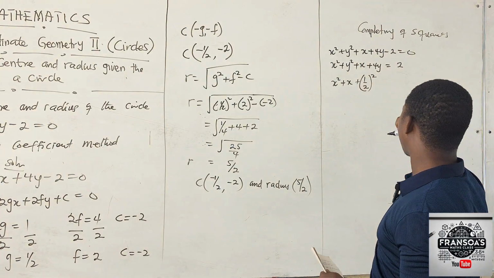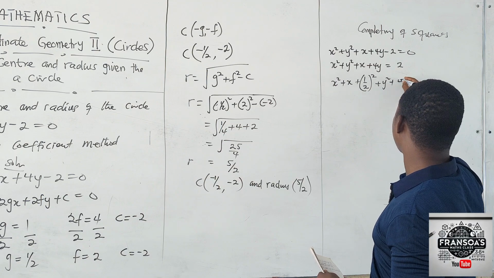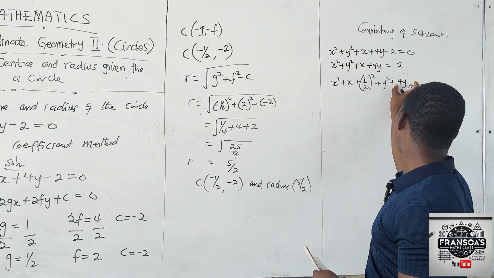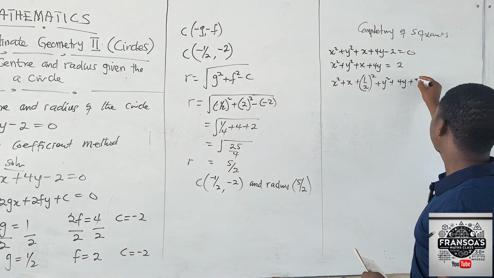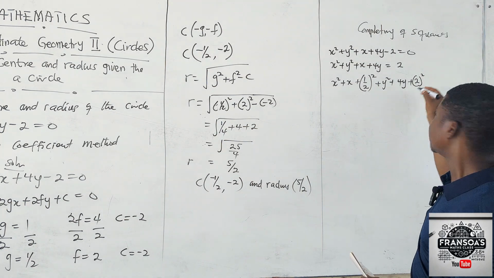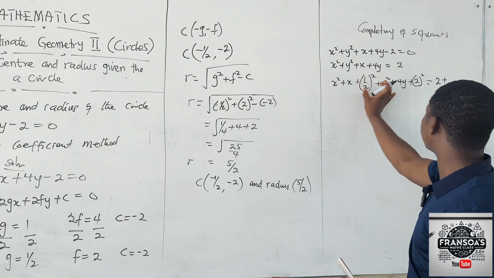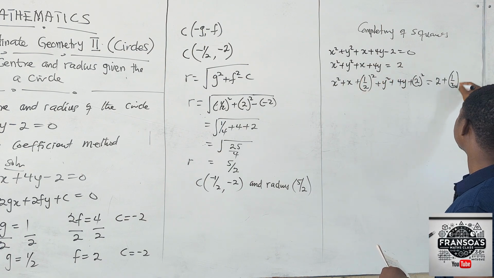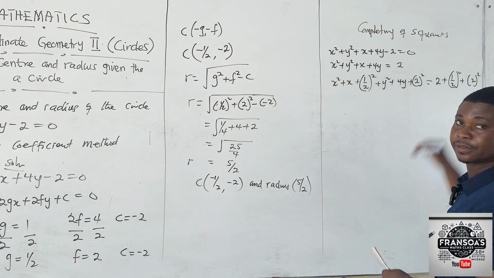The same thing applies to y. With y, we have y squared plus 4y, and half of 4 is 2. So that one also we are going to add 2 squared, equal to 2 plus, and this one is being repeated here because you do it to both sides, plus 2 squared.